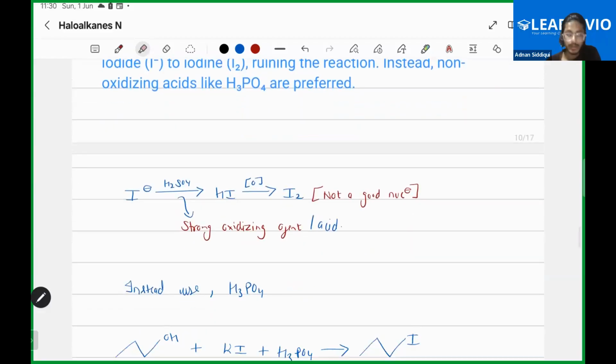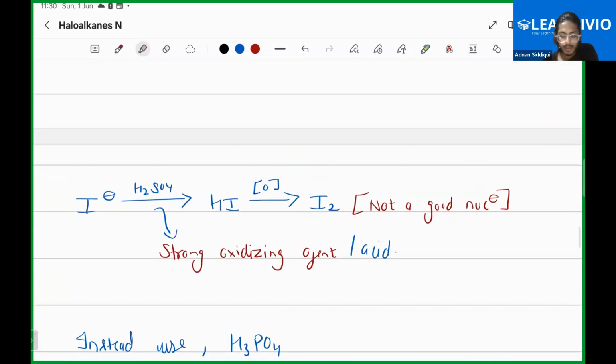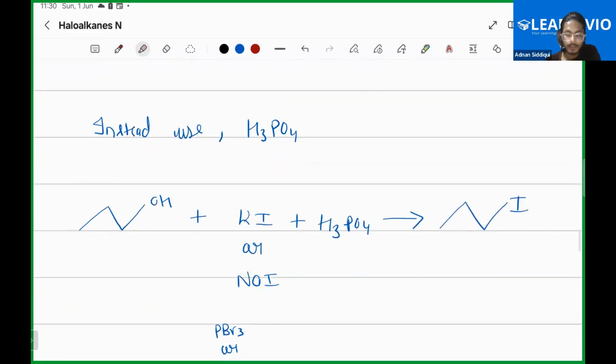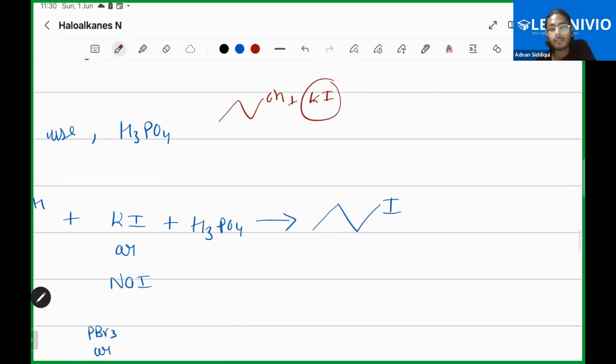Let me write it. See, try to look at this. In our reaction, suppose I have alcohol and I have KI. Right? What I told you, if I am transferring KI into an aqueous solution in a liquid state, then this KI will be broken into K positive and I negative, right? Yes, sir.